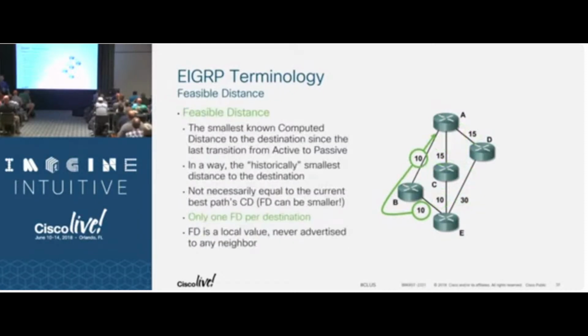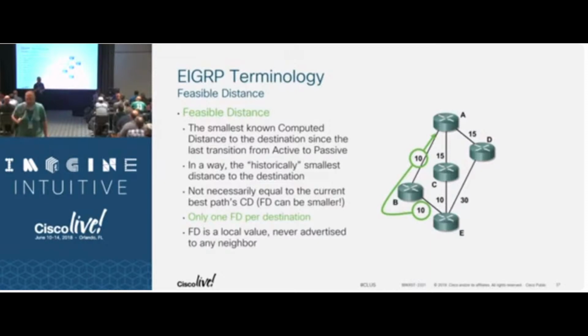And then we have the venerable feasible distance. This is one of the most poorly understood things in EIGRP. It's often said that this is the current smallest distance to the destination. Well, it's not. Feasible distance is a historical record of how close I have been to the destination since the last time my route to the destination became passive.